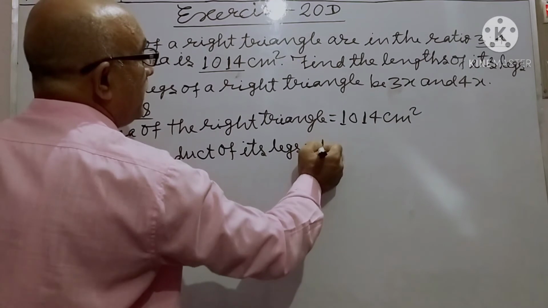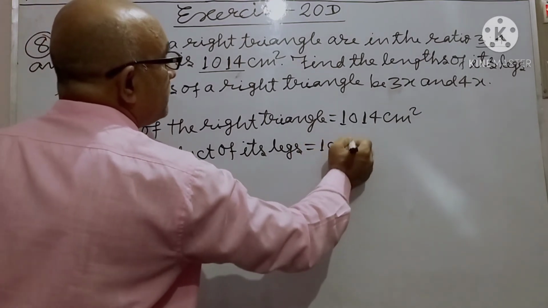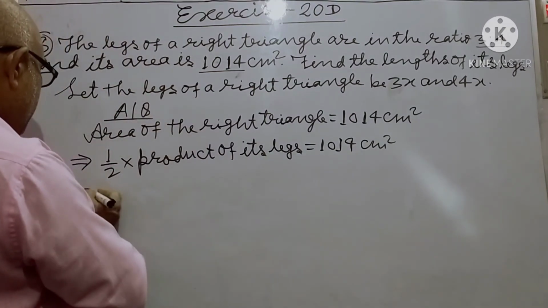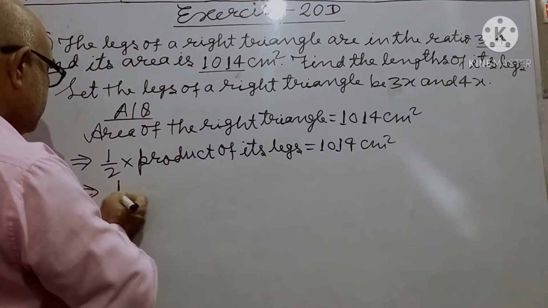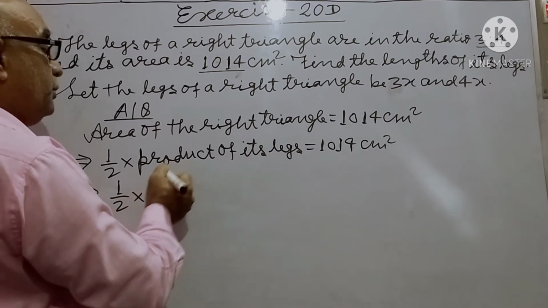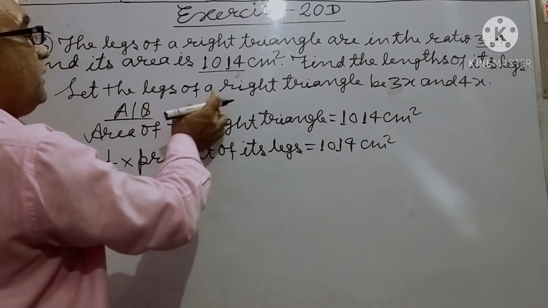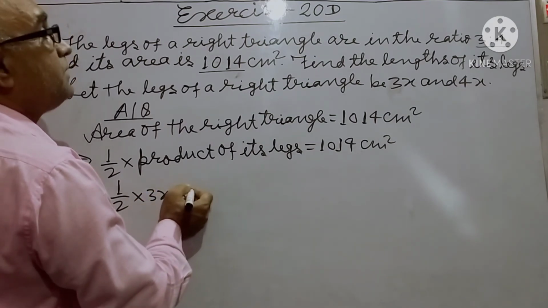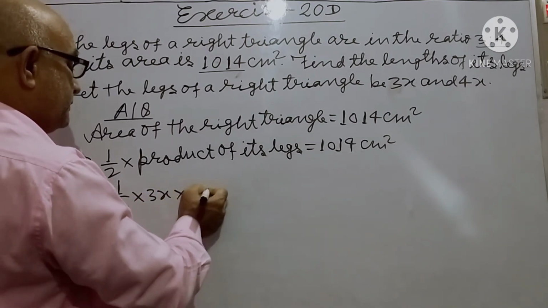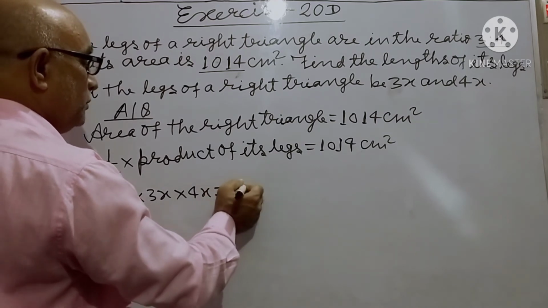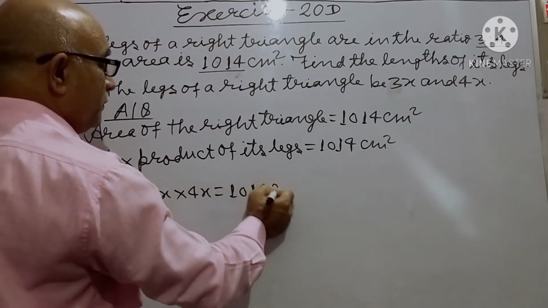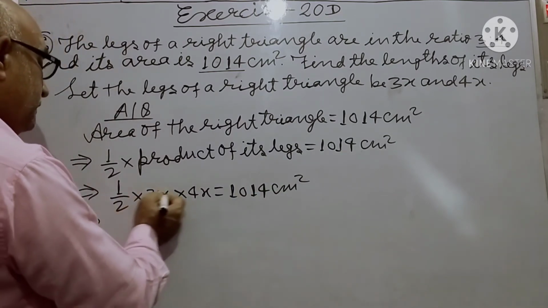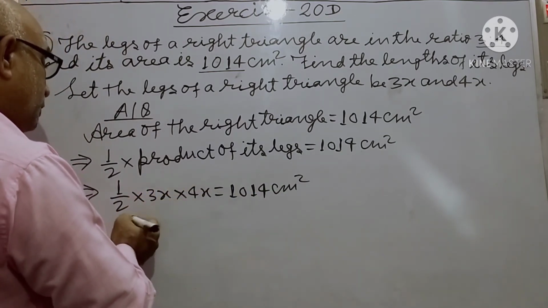Product of its legs equal to 1014 cm square. That implies 1 by 2 into product of legs, 3x into 4x, equal to 1014 cm square. Next step is 3x into 4x, 12x square.